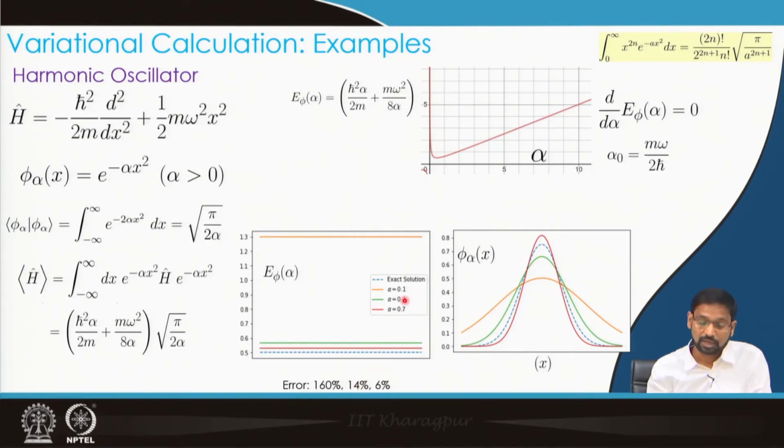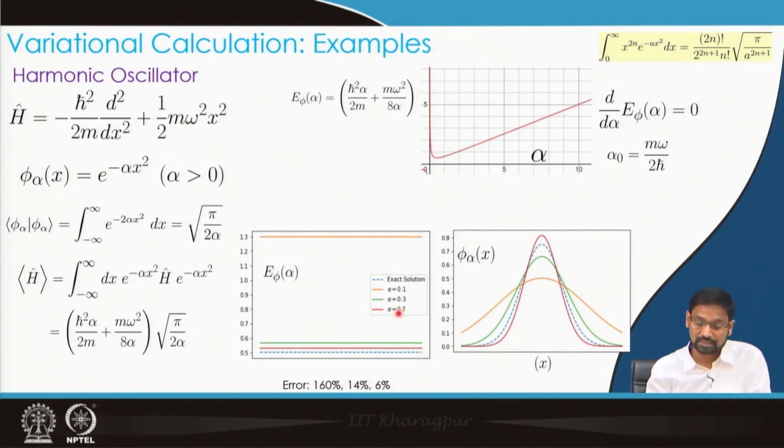Of course, when alpha is 0.5, that means alpha 0 is 0.5, that is actually the best case scenario. In that case, I reproduce exactly the true ground state energy, that is obvious here.